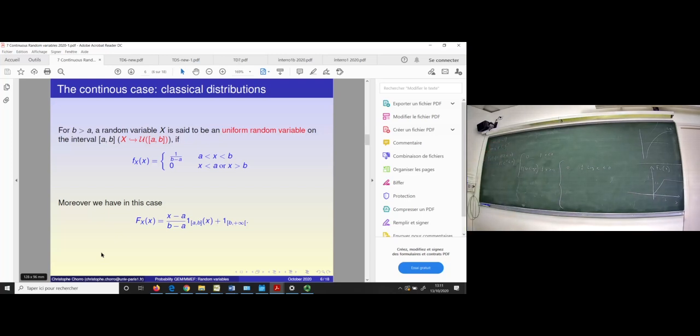Okay? Because I am in this part here. Now, if the logarithm is between 0 and 1, this is just equal to the logarithm itself. I can put it straight because I have continuity here. And what happens in the other case? If the logarithm is greater than 1, my value is 1.